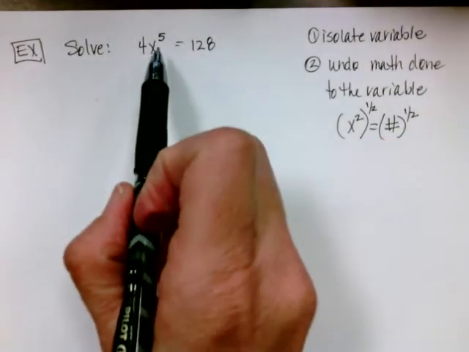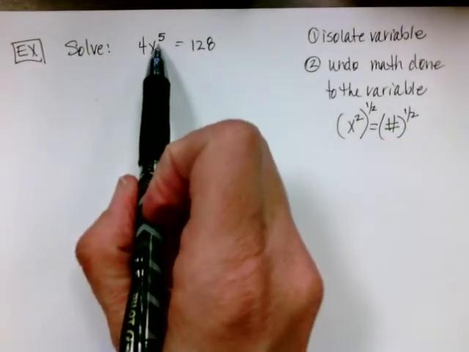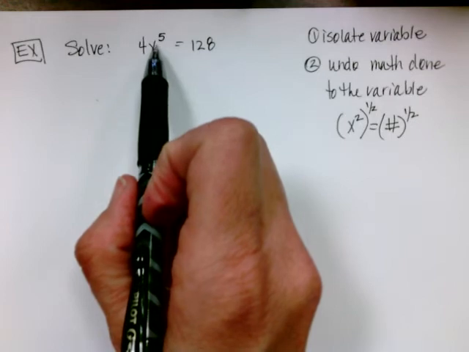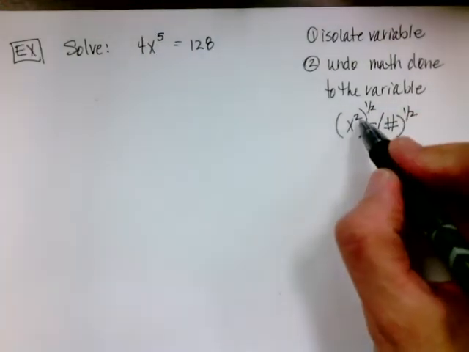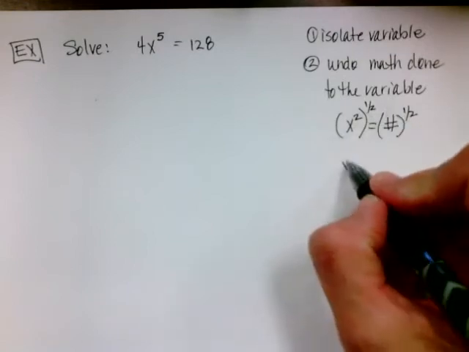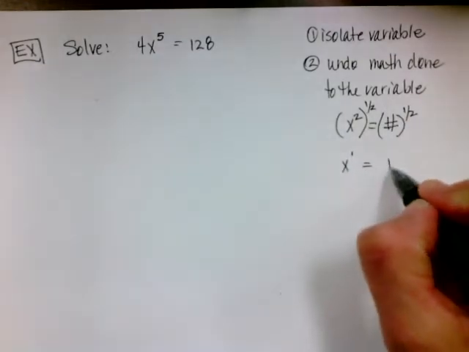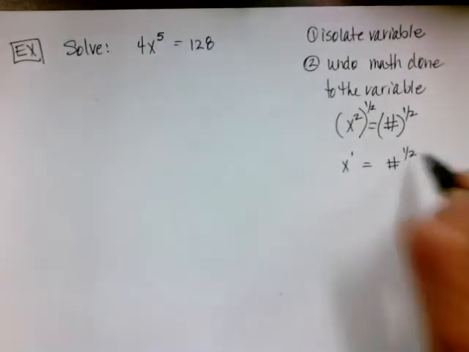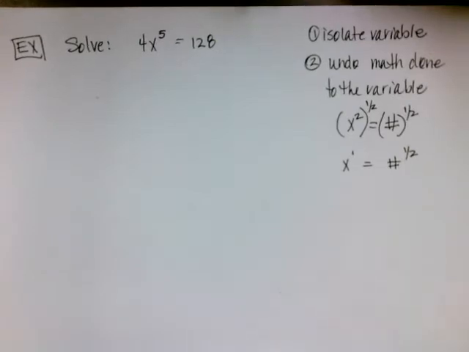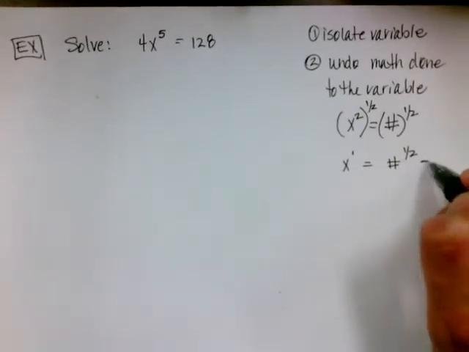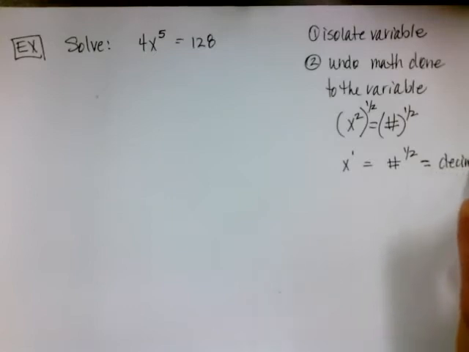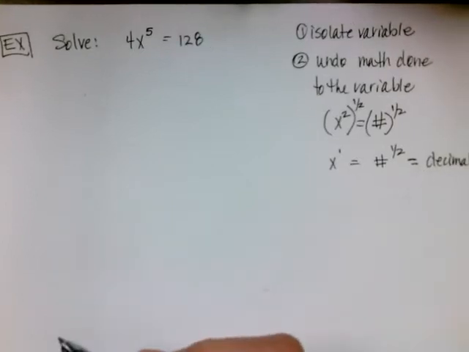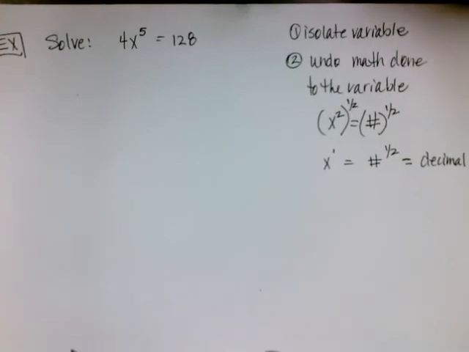But as you can see in the equation that we have here, I'm going to raise it to the 1/5 power eventually, so that's why I wanted to show you this way. A power to a power is multiplied, so I get x to the 1 is equal to whatever that number was raised to the 1/2 power. Okay? And then, depending on the directions, you could get a decimal, or you could leave it as the square root of a number and the square root is reduced.